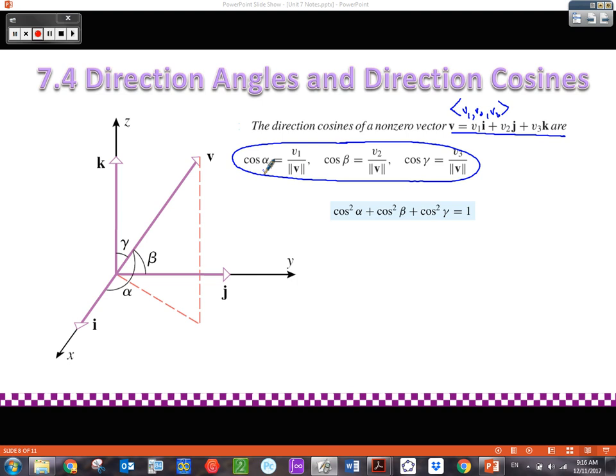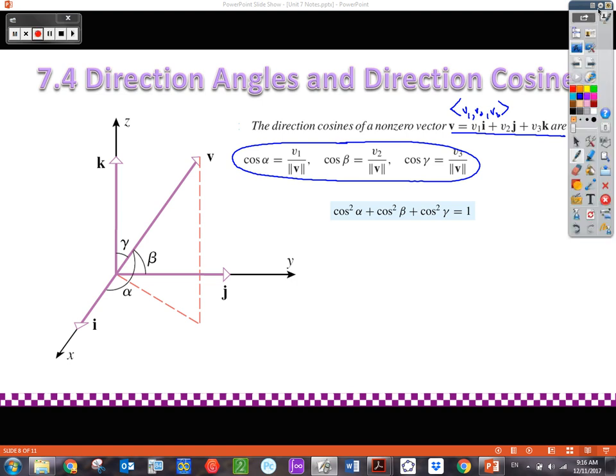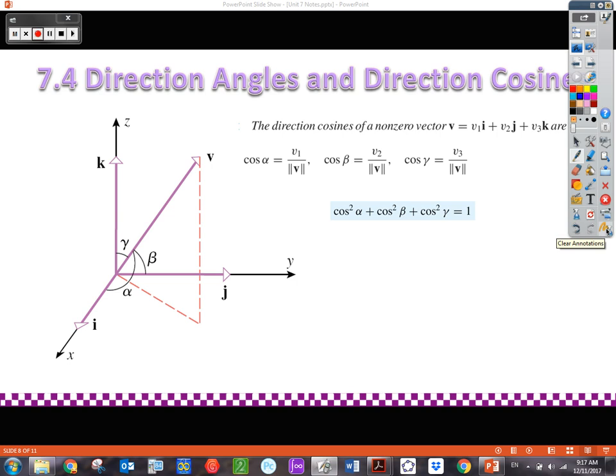When it asks for direction cosines, it's asking for these numbers right here. That's what's called your direction cosine. This would be cosine 1, this would be cosine 2 and cosine 3. If I have cosine 1, all I have to do is inverse cosine to get alpha.